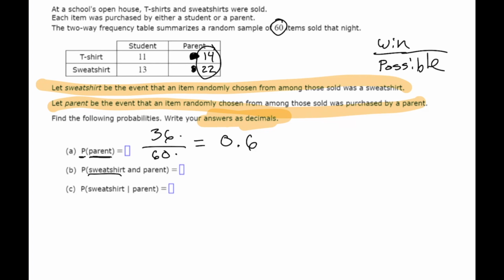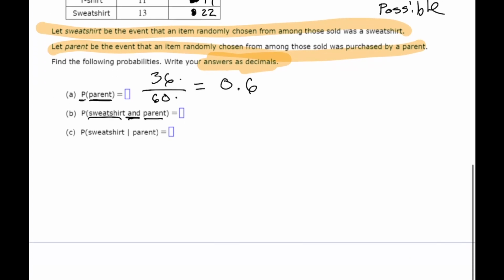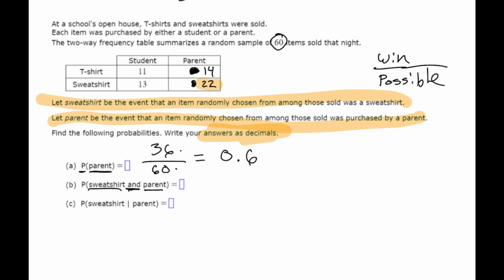Now we need a sweatshirt that's been bought by a parent. And then we've got that keyword "and" in the middle, so both of them need to be true. I'm going to erase here quick. There's only one spot on this two-way table that was a sweatshirt for a parent, and that is the 22 here.